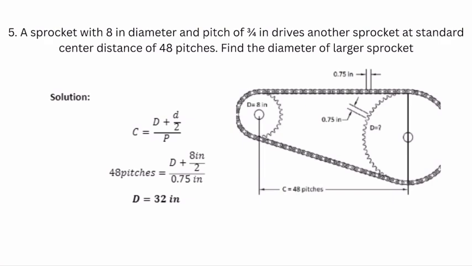With the given pitch of chain, we'll be using the formula of the center distance all over the pitch of chain. With directly substituting, we'll get the diameter of the large sprocket of 32 inches.